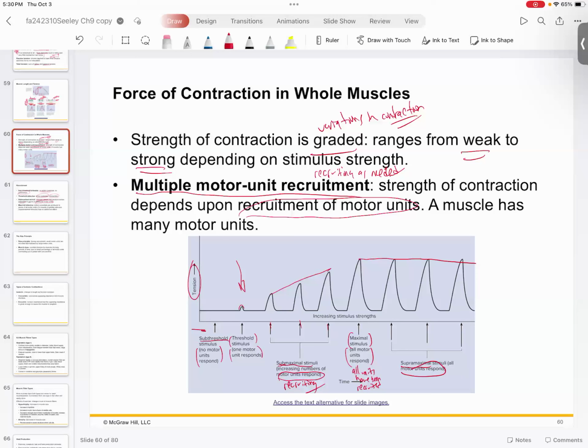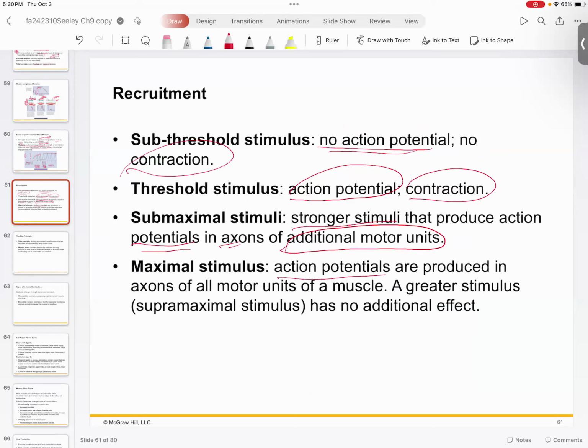And that's why these guys are slowly starting to incline, because you're starting to recruit more and more of these motor units until you get to your max stimulation, where the action potentials basically have recruited all of the motor units in a muscle. So if you have even more stimulus, that's supramaximal stimulus, there's no effect because you've already reached your max. This is your plateau.